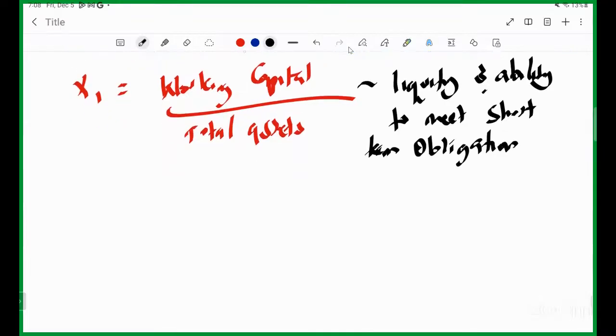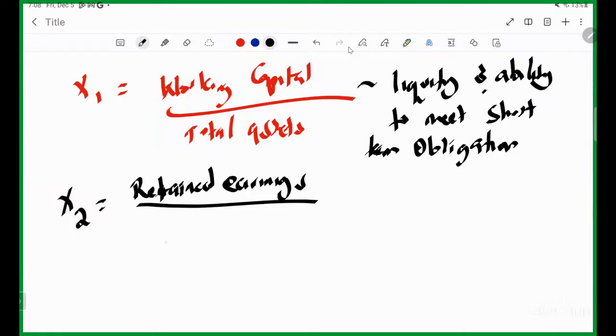He said X2 is going to be the retained earnings over total assets.